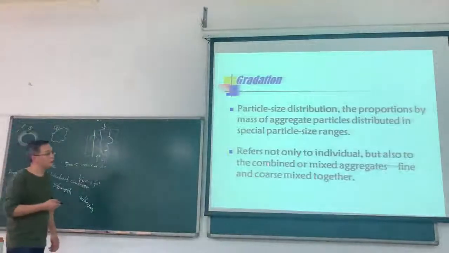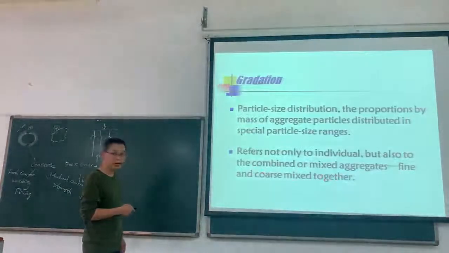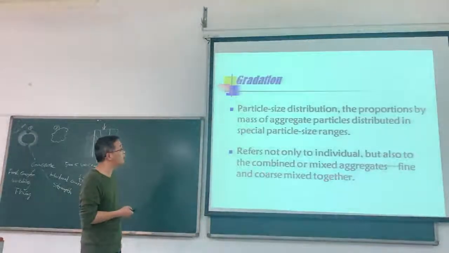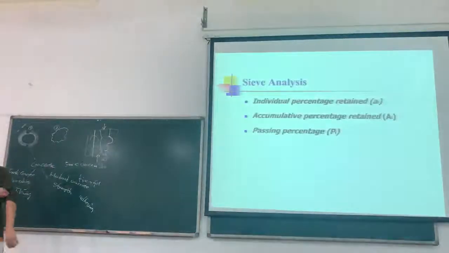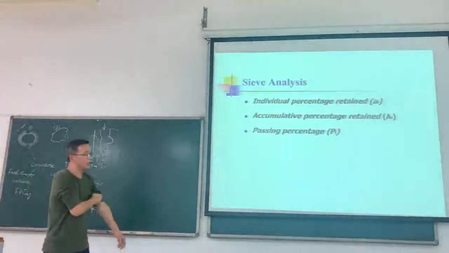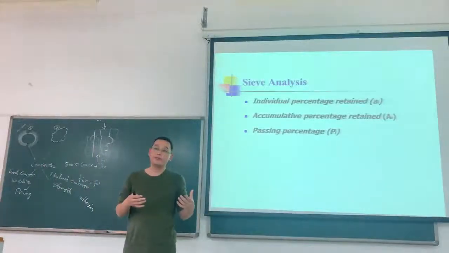It refers not only to individual but also to the combined or mixed aggregates, fine and coarse aggregate together. So this is the definition of gradation. So how can we evaluate the gradation of aggregate?